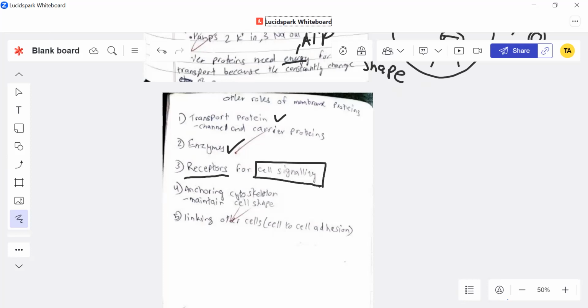But other than that, they act as anchors for the cytoskeleton. Basically, they will maintain the cell shape, and they'll also link other cells. This is called cell-to-cell adhesion. So when two cells come together, these proteins can link the two cells, so ions can pass through these two cells.